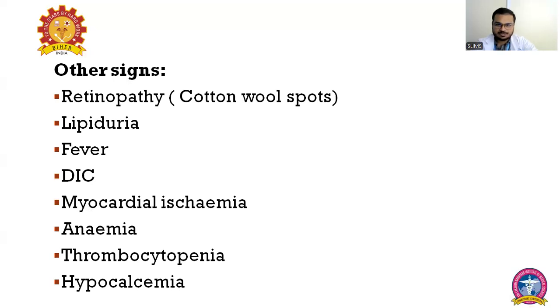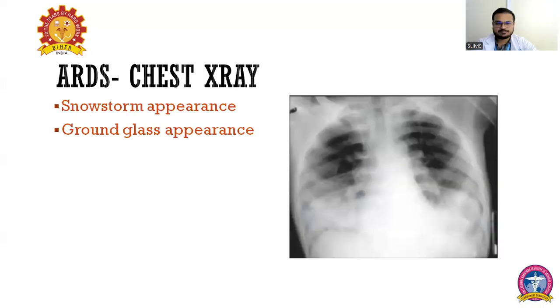The other signs are retinopathy, often seen on ophthalmology examination with cotton wool spots, and lipiduria, fever, disseminated intravascular coagulation, myocardial ischemia, anemia, thrombocytopenia, and hypocalcemia.